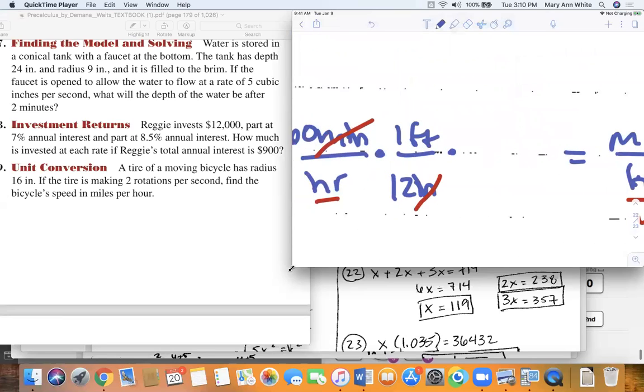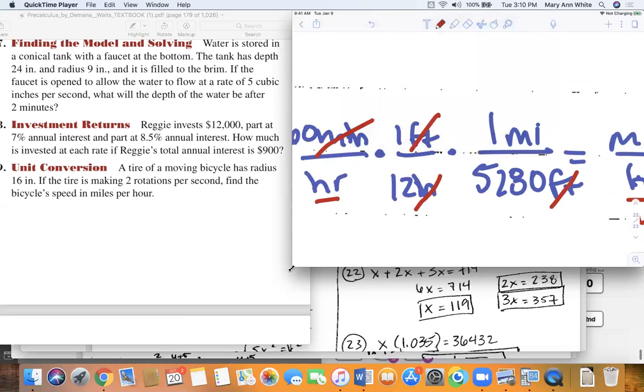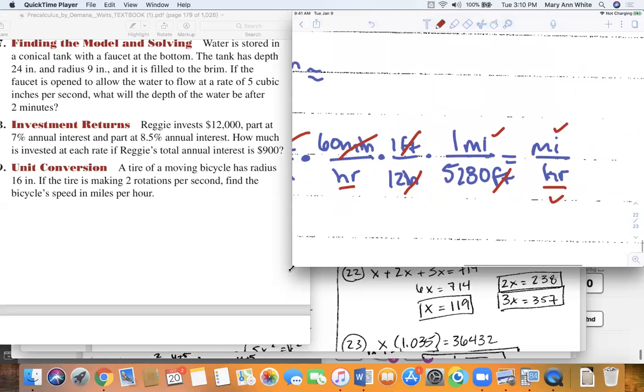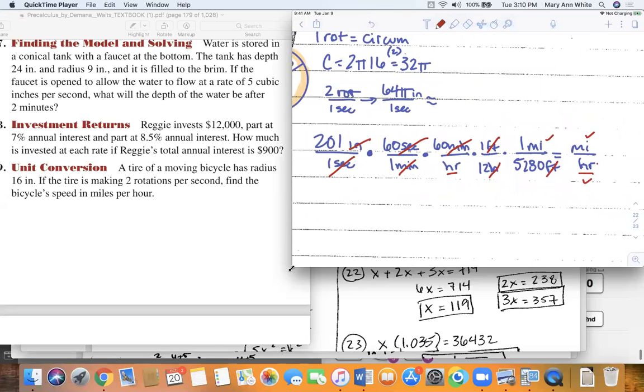I think it's 5,280 feet per 1 mile. I think I did that right. Now my feet cancel out and I've got miles on top, which is great. So all I'm gonna do is just throw this in my calculator. I'm gonna do 201 times 60 times 60, and then divided by 12, and then divided by 5,280.